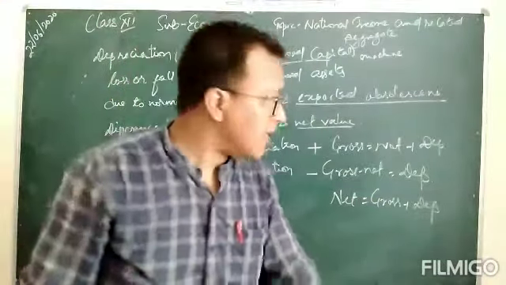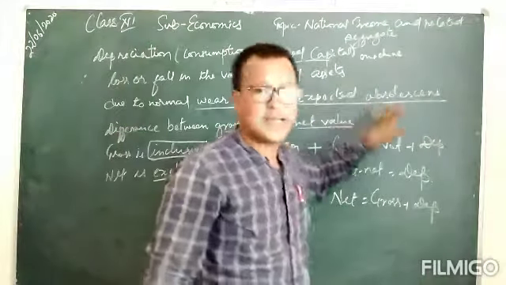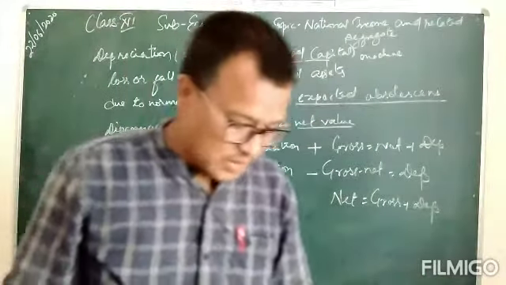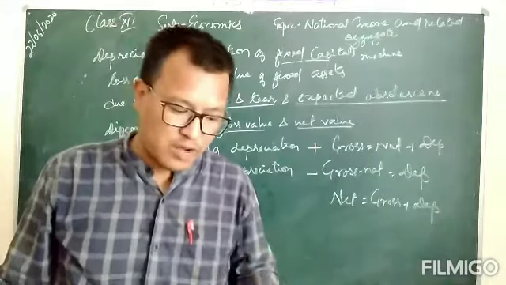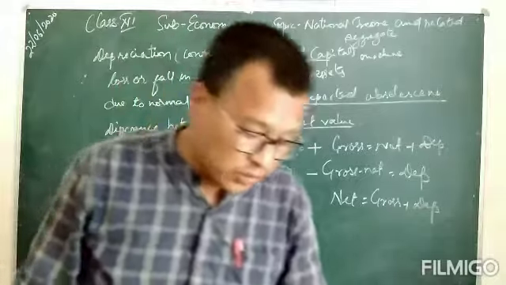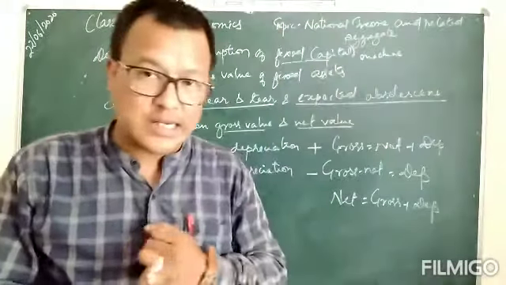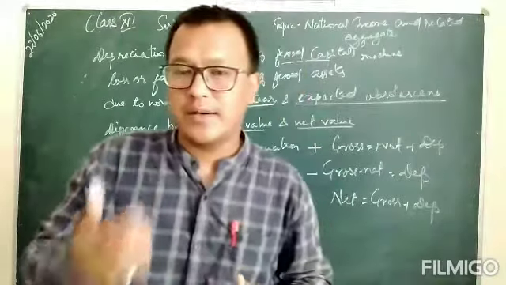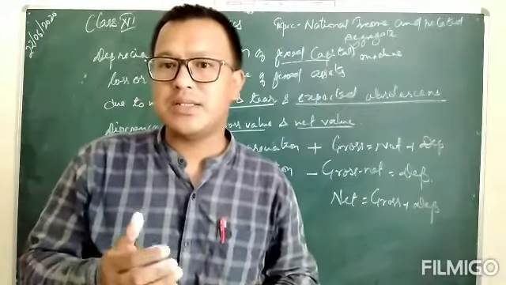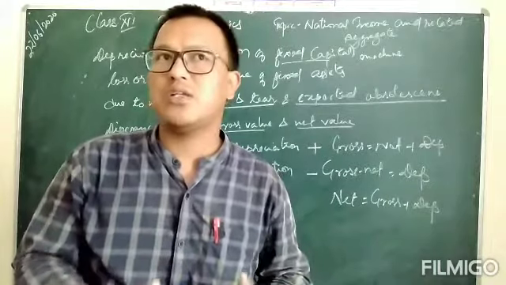And second is expected obsolescence. Expected obsolescence refers to the loss in the value of a fixed asset due to continuous change in technology. As you see in today's world, things have been changing continuously.